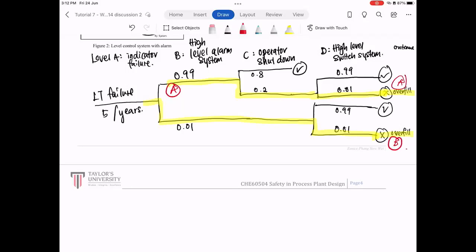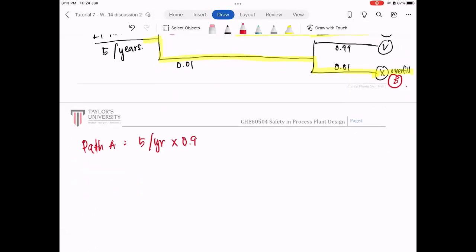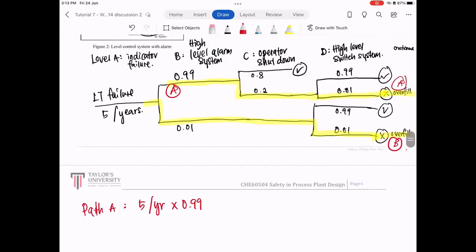So let's look at path A. The failure is 5 times a year, times 99% of the time it works, but 0.2 of the time it does not because the operator doesn't shut down, and also 0.01 that the high level switch system doesn't kick in.